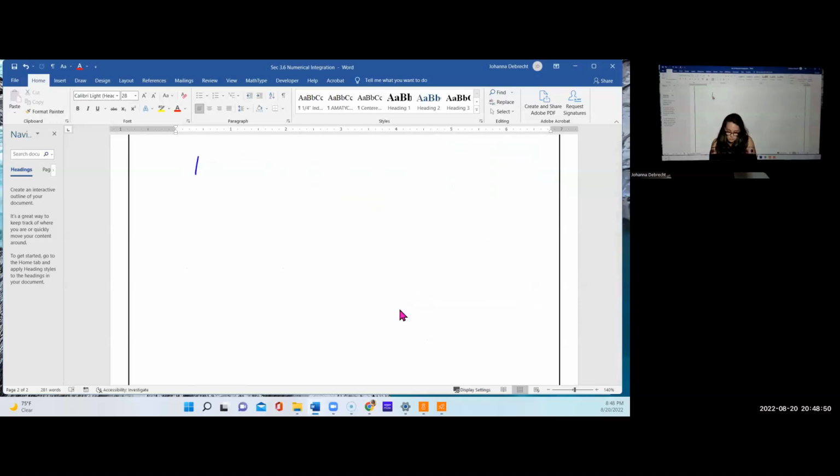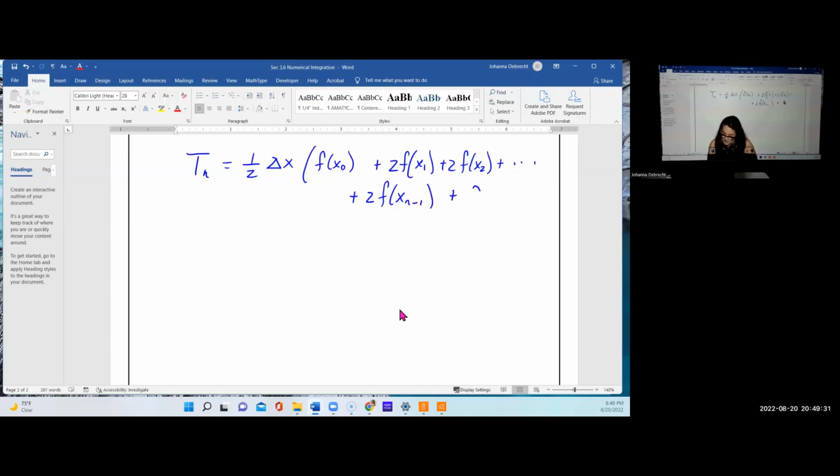So using the trapezoidal rule, we might have the sum of n trapezoids, and it ends up being 1/2 delta x times f of the left endpoint, f of x naught, plus 2 times f of x1, plus 2 times f of x2, plus so forth, 2 times f of x3, plus 2 times f of x sub n minus 1, the second to the last one, plus f of x sub n.